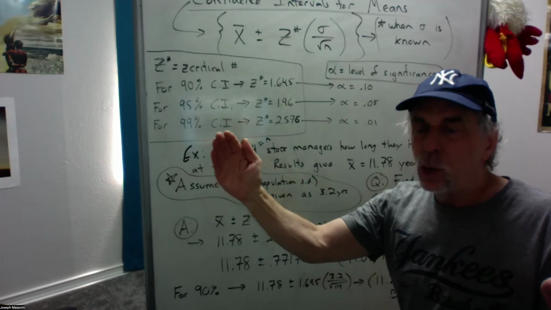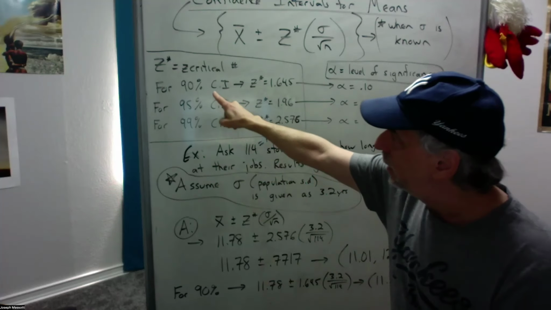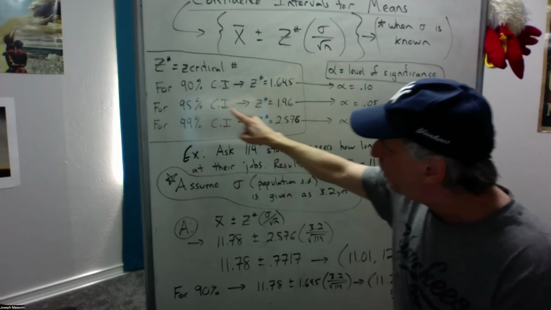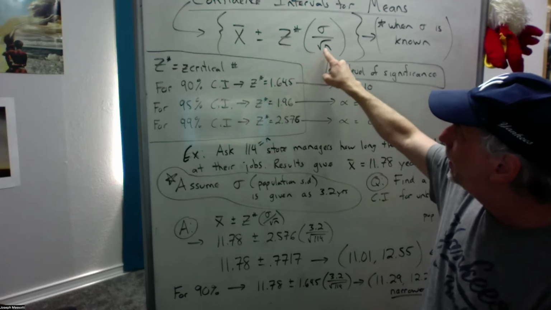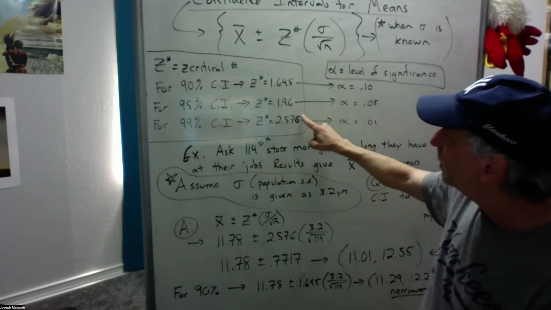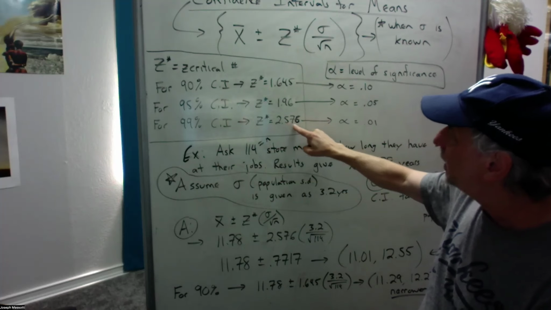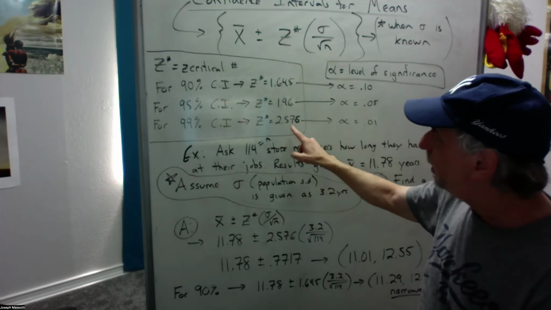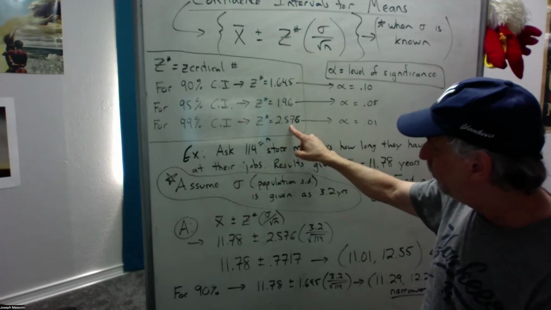More confidence means a wider confidence interval. So 90%, we're going out this many standard errors. For 95%, we go out almost 2 standard errors. And for 99% confidence, sometimes you'll see 2.575, sometimes you'll see 2.576. I'll give you either one. I'm going to use 2.576 here.